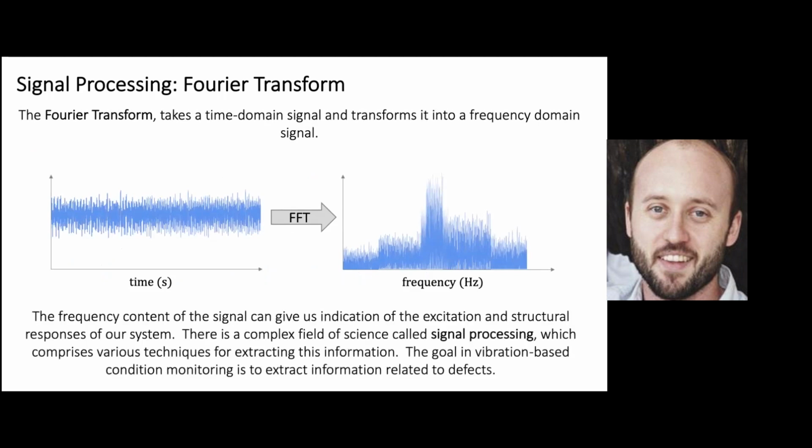And this is part of another field called signal processing, which is a very deep science. We're not going to go super deep into it today, but there is a lot that you can do by processing the signal in different ways to try to extract different pieces of information. But one of the most important things that you can do oftentimes is taking an FFT to see what the frequency content of that signal is.